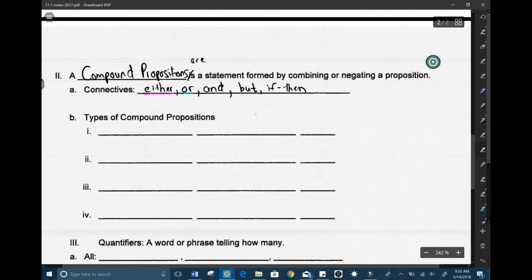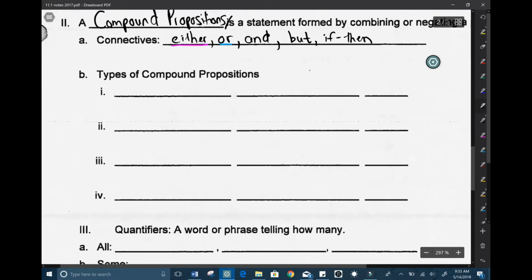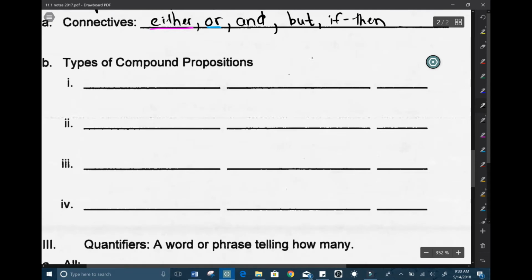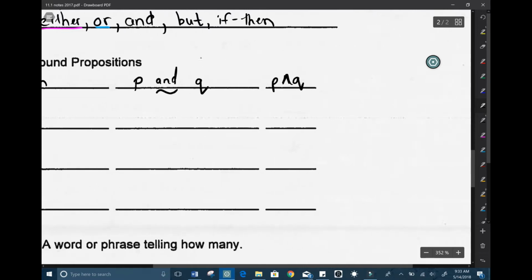So types of propositions, compound propositions. We have a conjunction. And what that is stated as is P and Q. Okay, and you may see it like this, P and Q. That's the symbolic logic we're getting into.